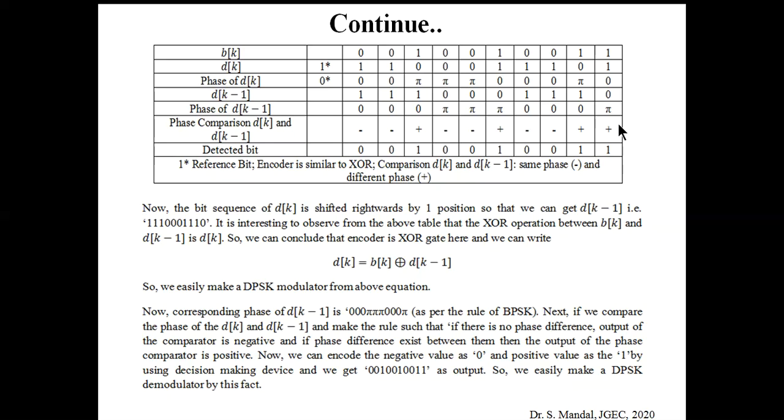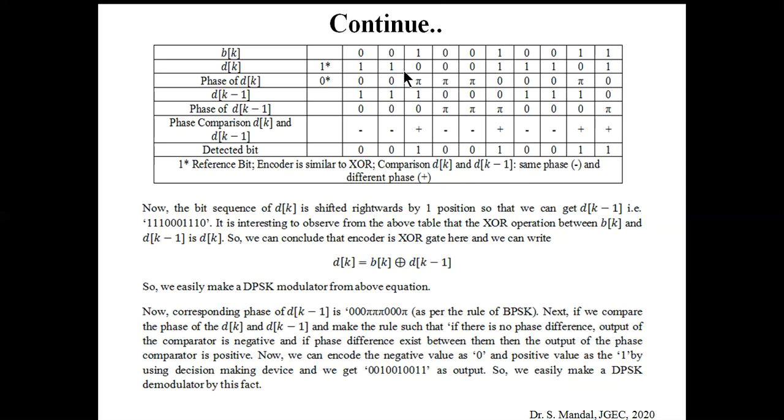Now if we get this kind of voltage, negative and positive, and after that we make a decision making device where we use a threshold voltage level at 0. If we get a negative voltage we will consider it as 0, and if we get a positive voltage we consider it as 1.